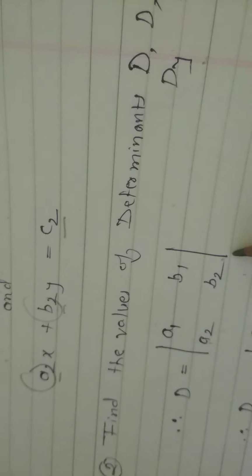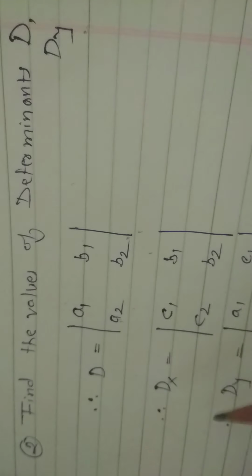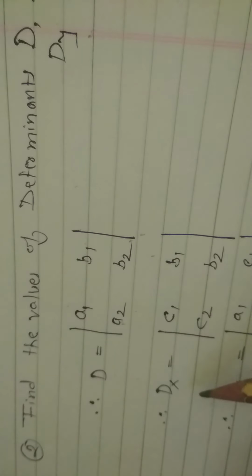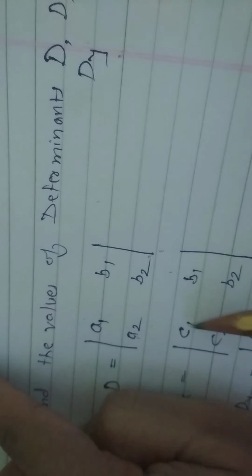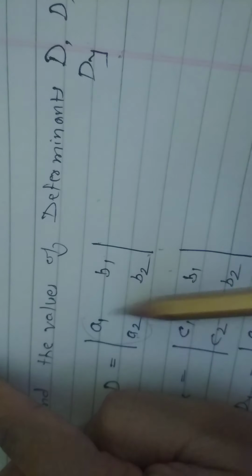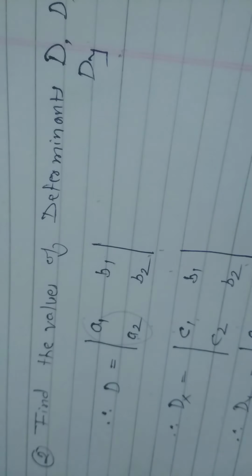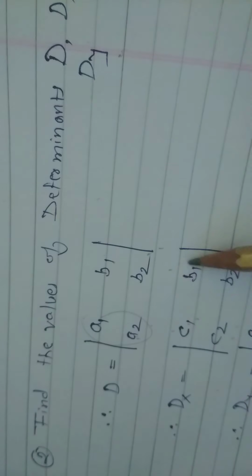Now how to find the determinant Dx? When you find Dx, we do not take the coefficient of x. Here we write c1 and c2 in place of a1 a2. So the determinant for Dx is c1 c2 b1 b2.